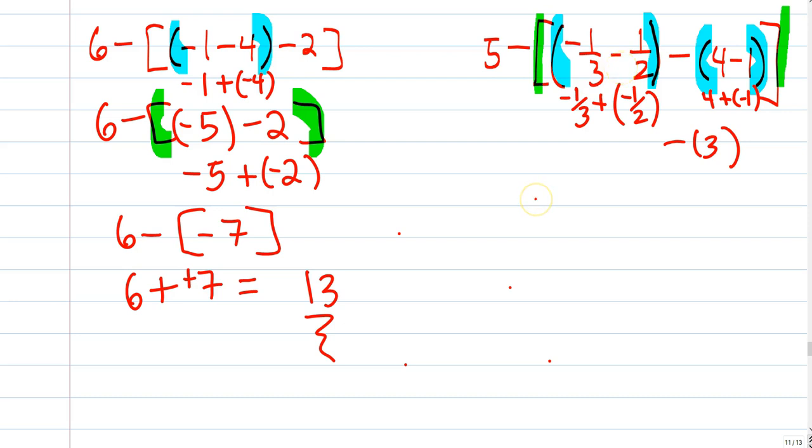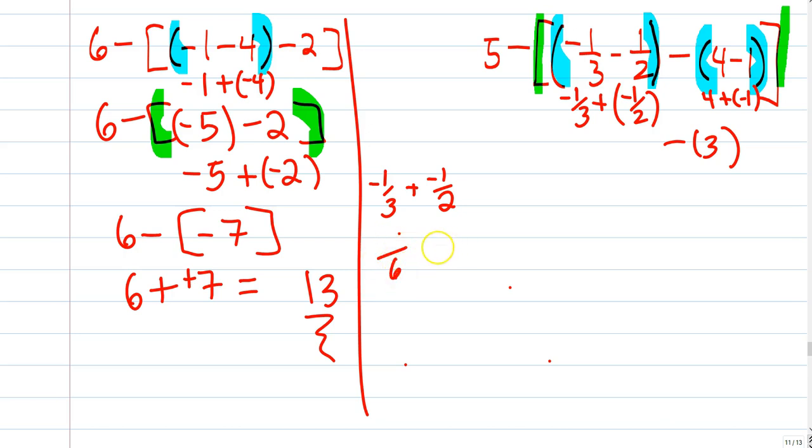Now, I need to do this work on the side, so let me just do this: negative 1/3 plus negative 1/2. I could add these if they have a common denominator. 3 and 2, I need a common denominator of 6. Top and bottom multiplied by 2, top and bottom by 3.